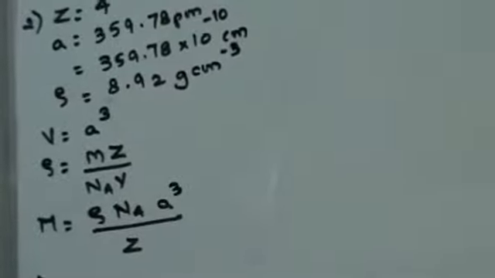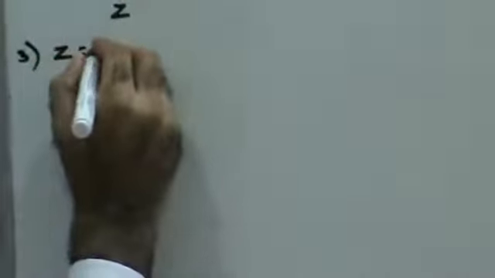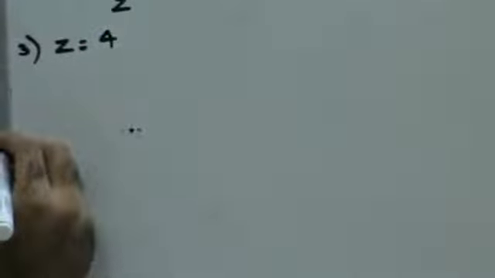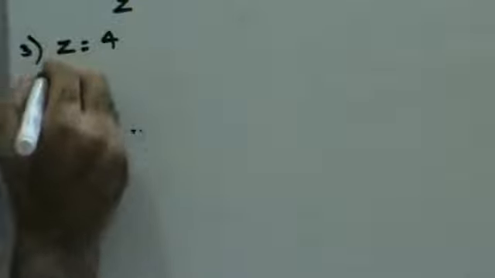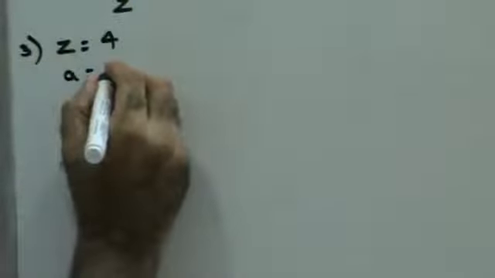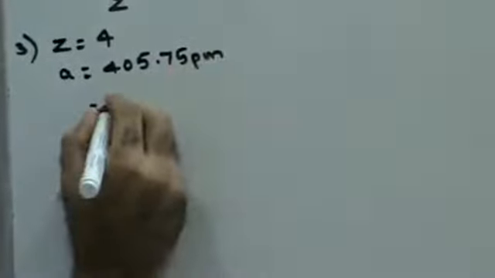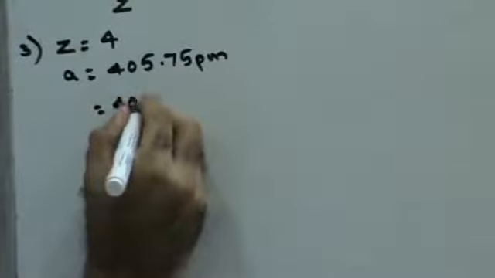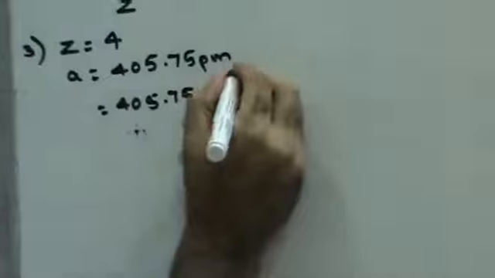Next, take our next one, please. Calculate the density of argentum metal if it crystallizes in FCC structure with edge length of the unit cell 405.75 picometers.